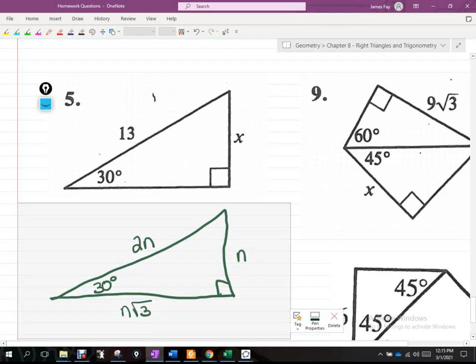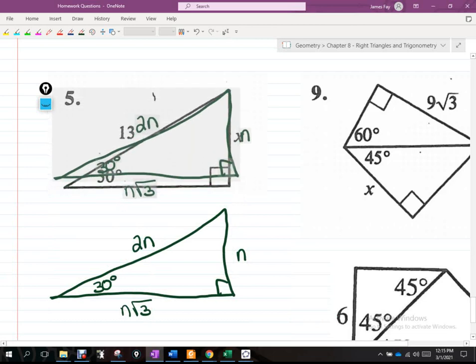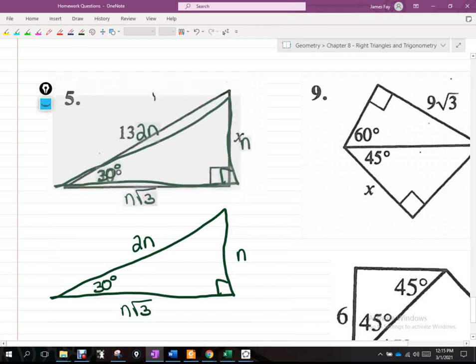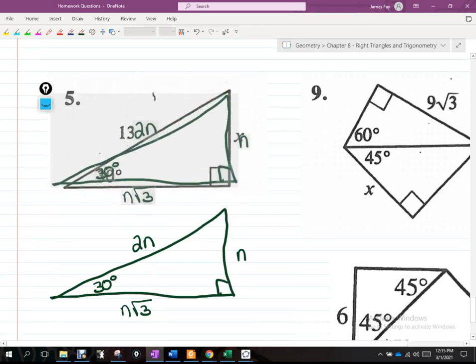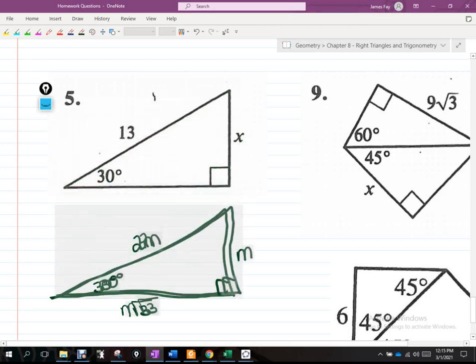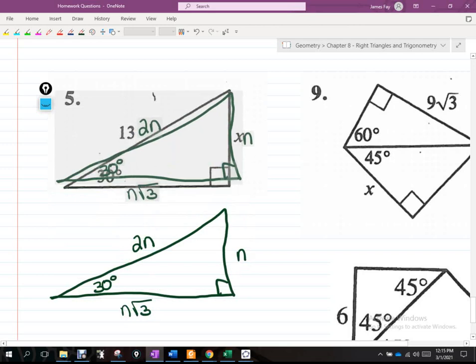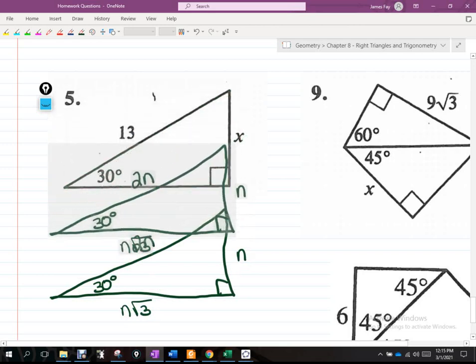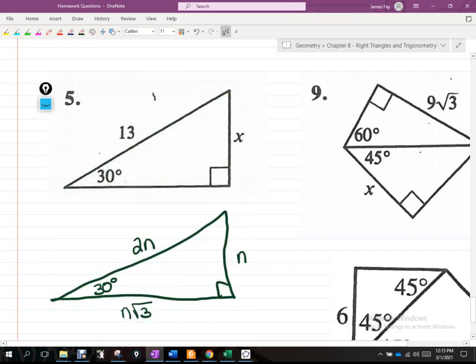So when I put them on top of each other, if they're drawn to be congruent, what matches up? 2n and 13, right? So there's your equation. 2n equals 13.